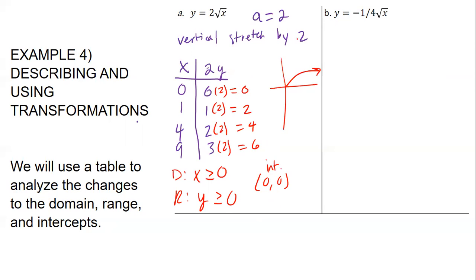Okay. All right, so here again, we have only an A. Our A equals -1/4. So if our A is -1/4, a couple things are happening here. The negative lets us know what? It's a reflection in the x-axis.